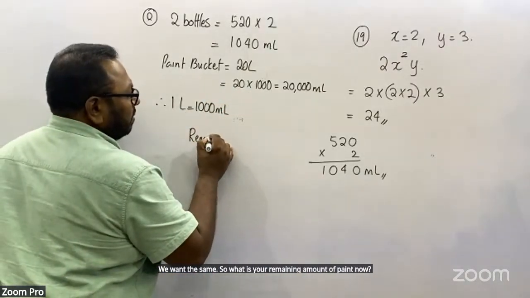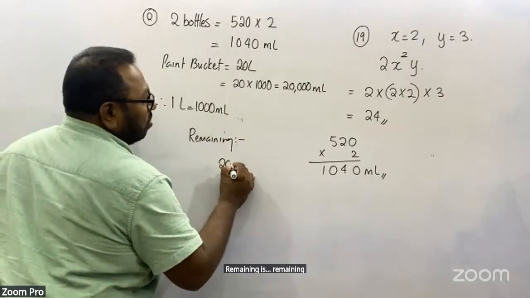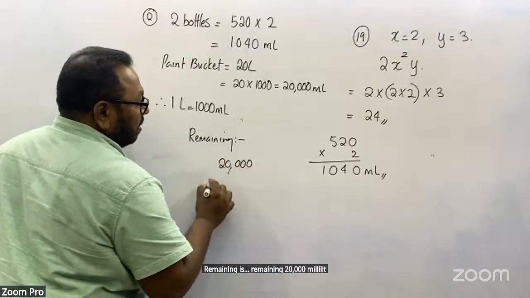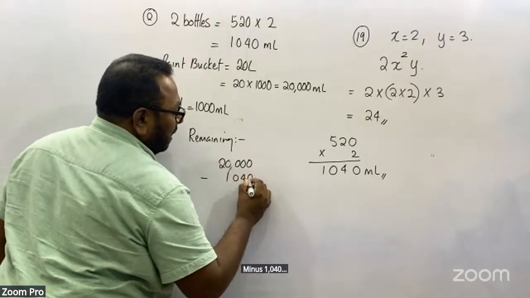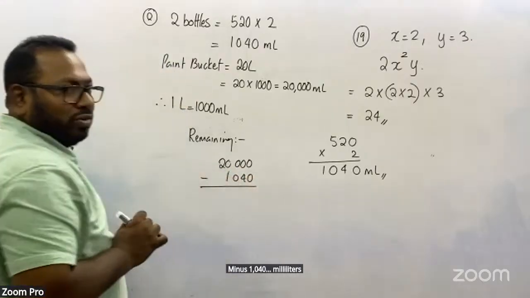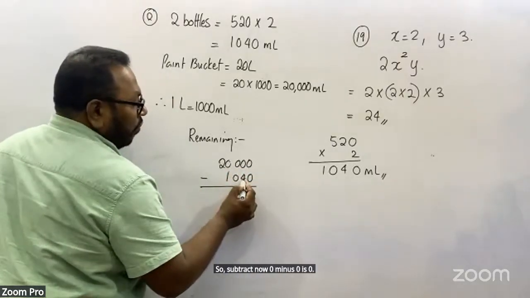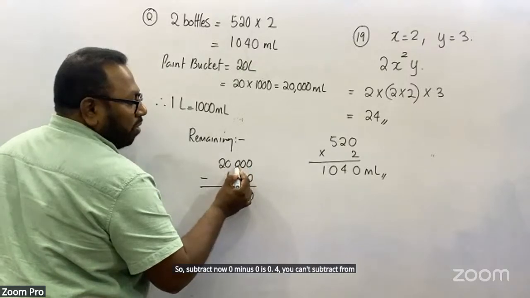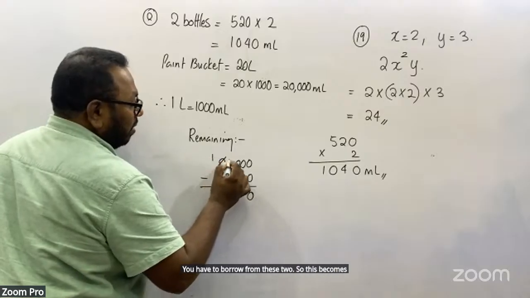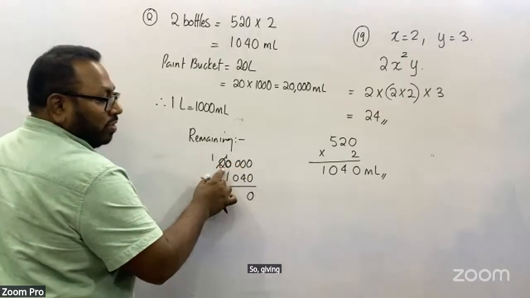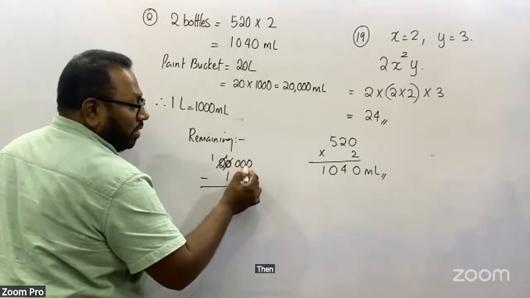So what is your remaining amount of paint now? 20,000 milliliters minus 1040 milliliters. Okay. So subtract now. 0 minus 0 is 0. 4 you can't subtract from 0, you can't borrow here. You have to borrow from this 2. So this becomes 1. You're giving 1 here, so this becomes 10. 10, you give 1 to this side.